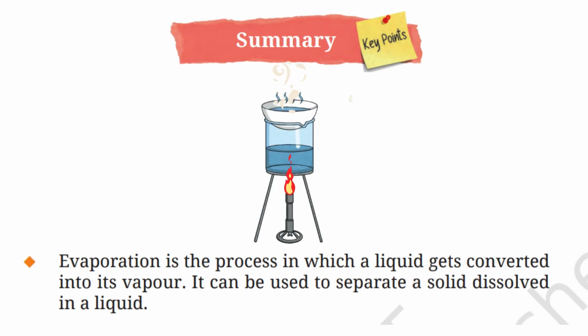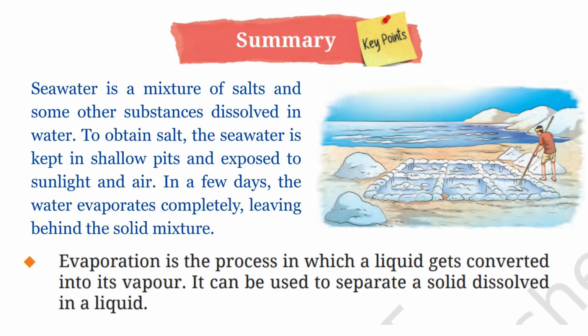Evaporation is the process in which a liquid gets converted into its vapor. It can be used to separate a solid dissolved in a liquid. So basically, evaporation is used to separate a dissolved solid from a liquid. For example, getting salt from salt water.